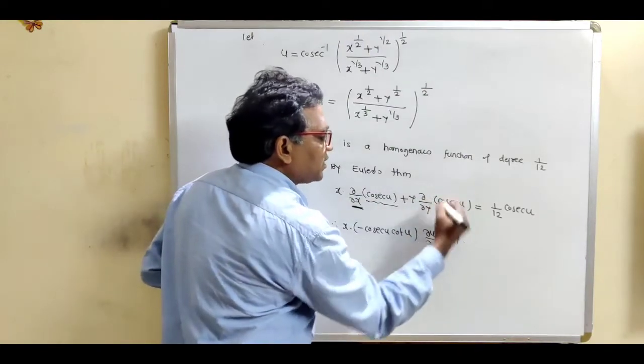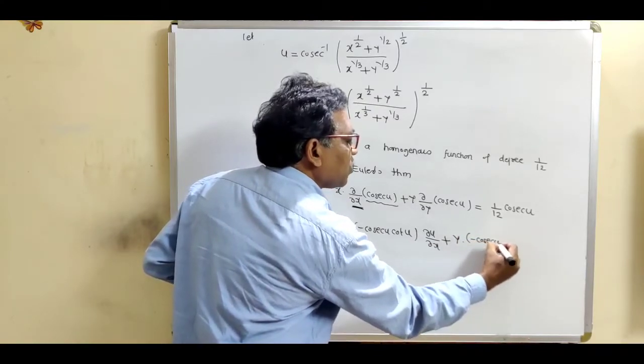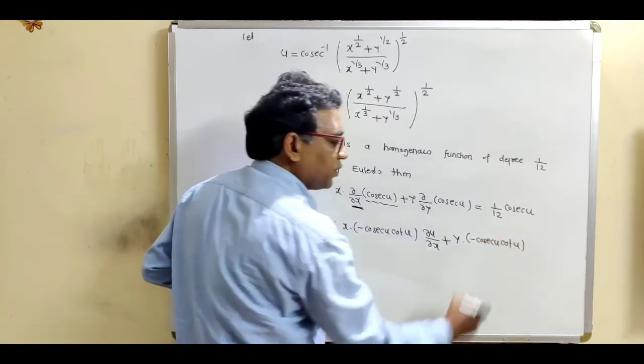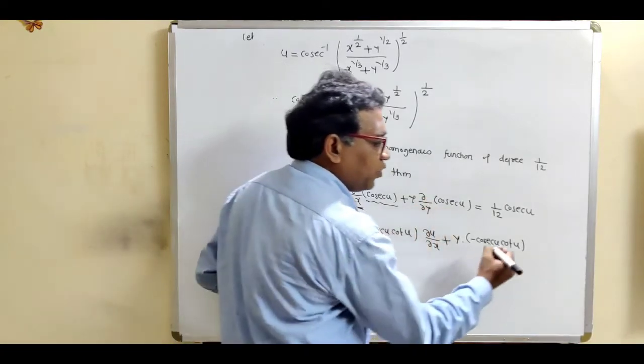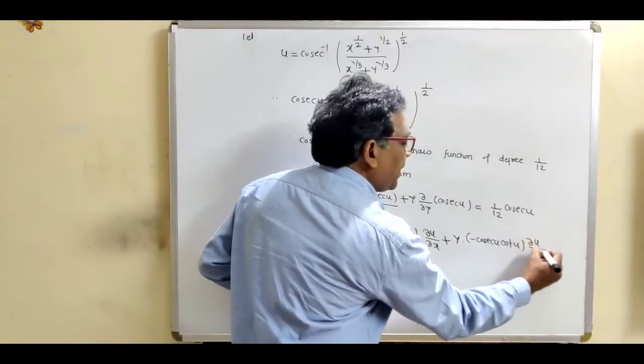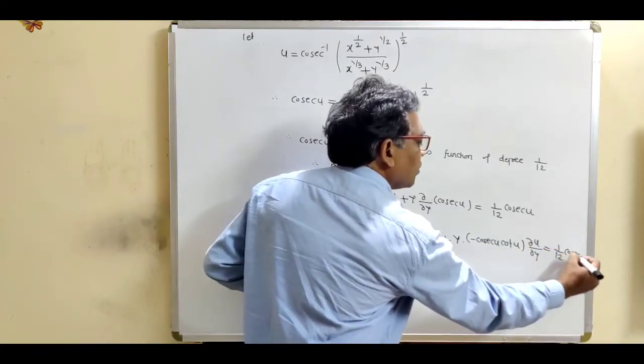So first of all, write the derivative of cosec u, that is minus cosec u into cot u, and partial differentiation with respect to y means we have to multiply by del u by del y, is equal to 1 upon 12 cosec u.